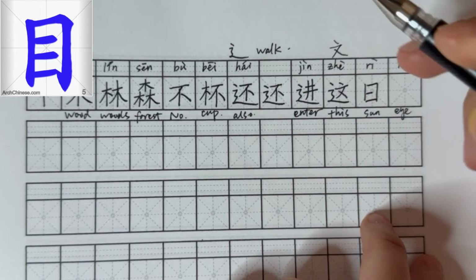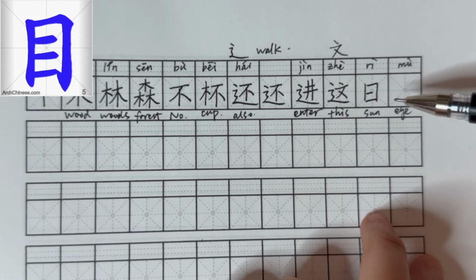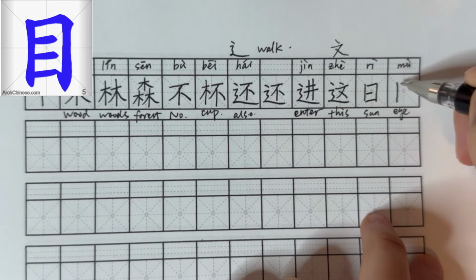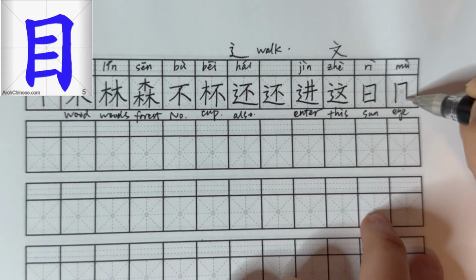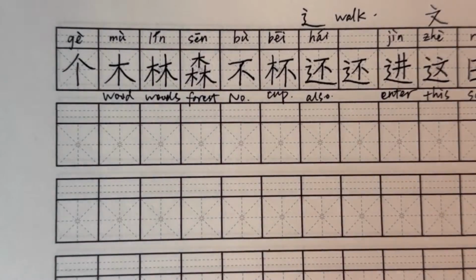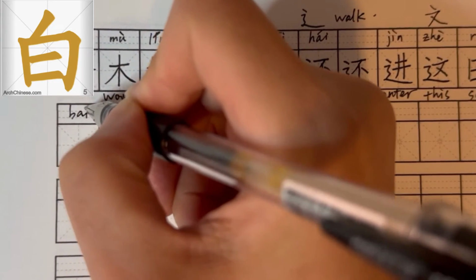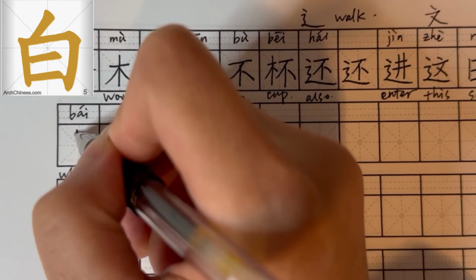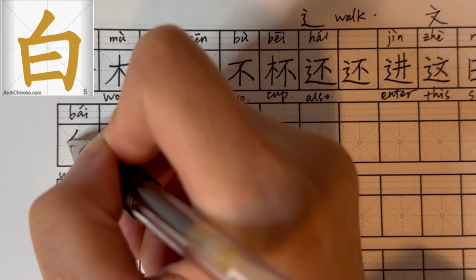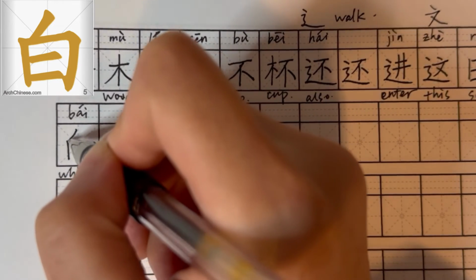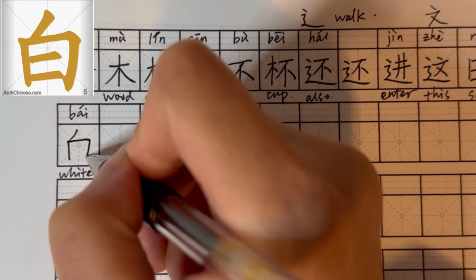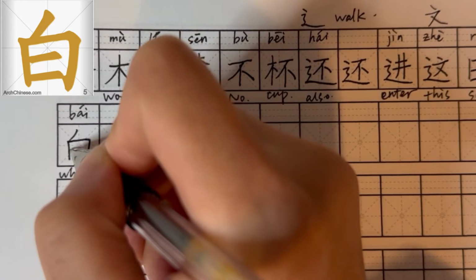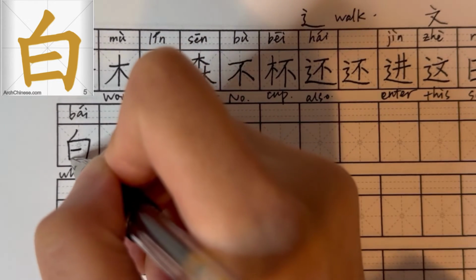If you compare it with character 日, it's a little bit bigger than 日 because it has more 横s inside. First stroke, 竖横折横横横. Next character, 白 means white, color white. 撇竖横折横横.